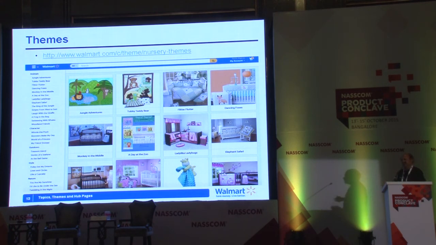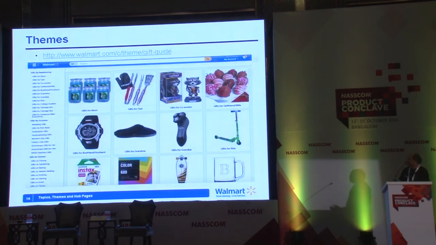And the challenge here is, how do you do this at scale, and how do you do this completely from the set of products that you have? One more example. This is called gift guides. These try to say, based on various types of gifts that people give and various occasions that we encounter in our daily lives, here are suggestions for you to go and explore.